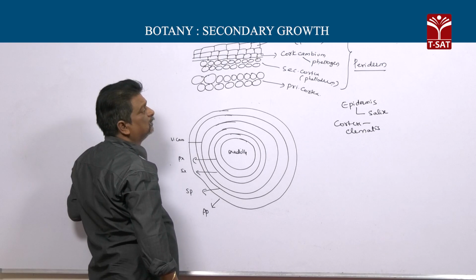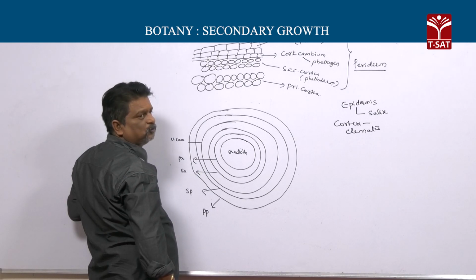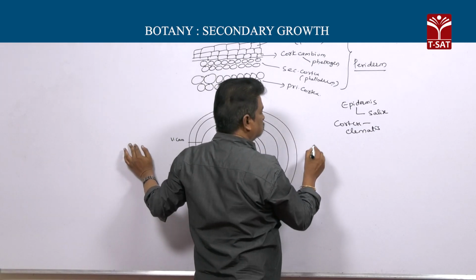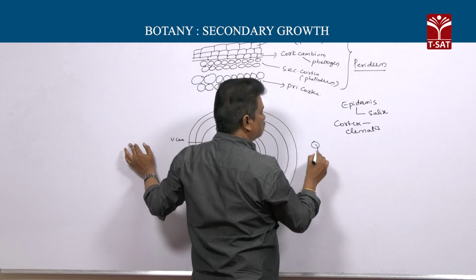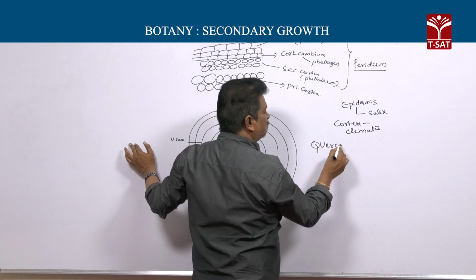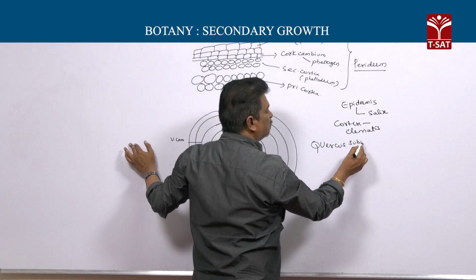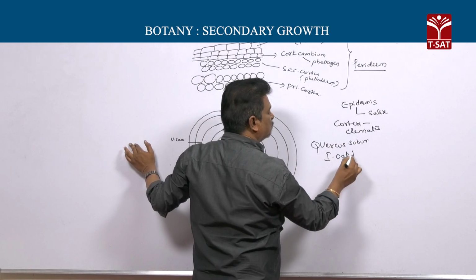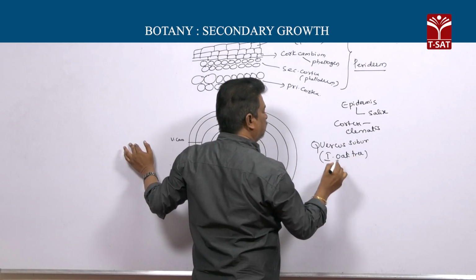That is why cork tissue is used to prevent fire, and commercial cork is obtained from Quercus suber.